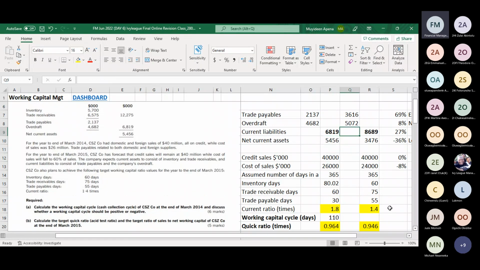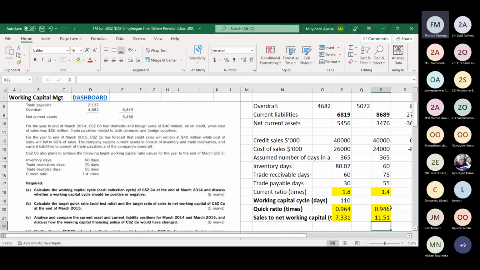It dropped, and I told you that means long-term capital has dropped. More short-term financing is happening, and that's what makes sales to net working capital jump up. So the change in the policy is from conservative to what? Aggressive.